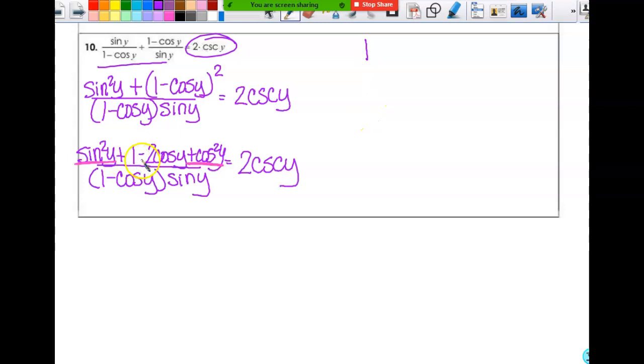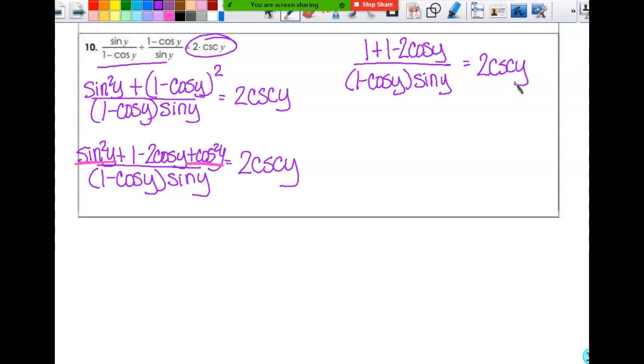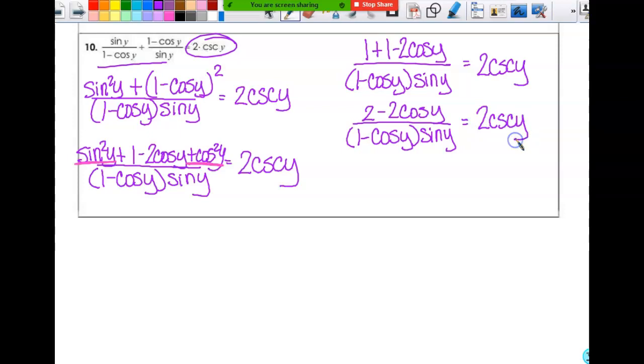And then I still have left plus 1 minus 2 cosine y over 1 minus cosine y times sine y equals 2 cosecant y. 1 plus 1 up there is going to be 2 minus 2 cosine y over 1 minus cosine y times sine y. That equals 2 cosecant y.